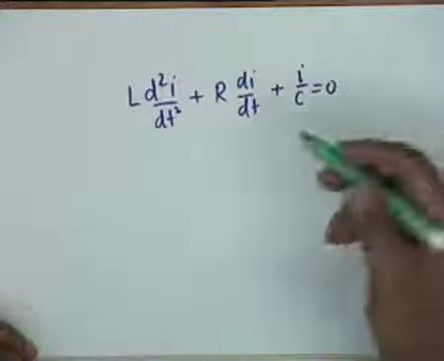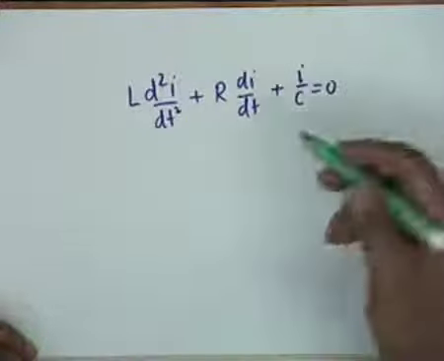If one is a sine, the other is a cosine, and the third is an exponential, obviously it cannot cancel, and therefore we argue once again that I must be of the form A e to the st.